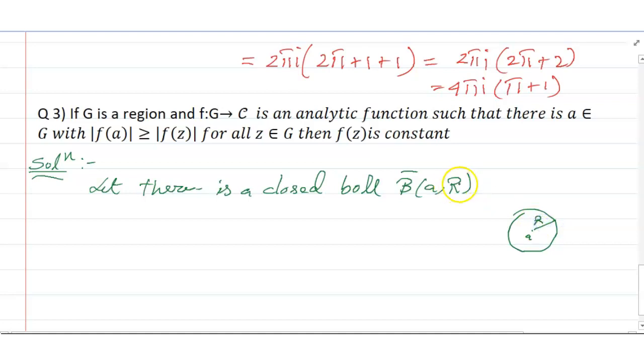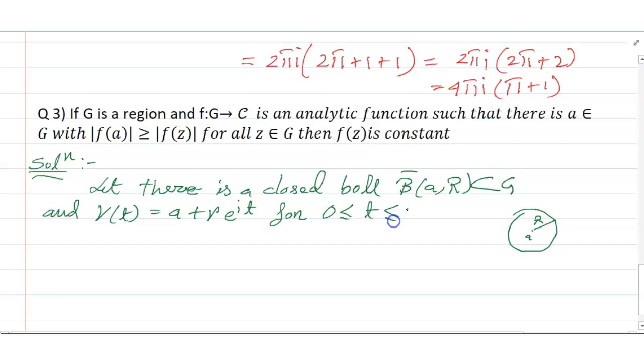This is the closed ball, and it belongs to G. And γ(t) equals a plus r e to the power it, for 0 less than or equal to t less than or equal to 2π.